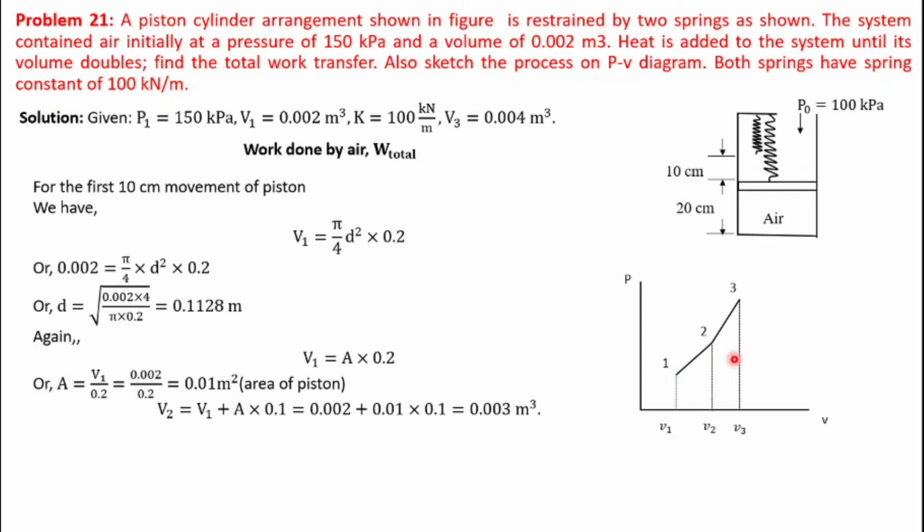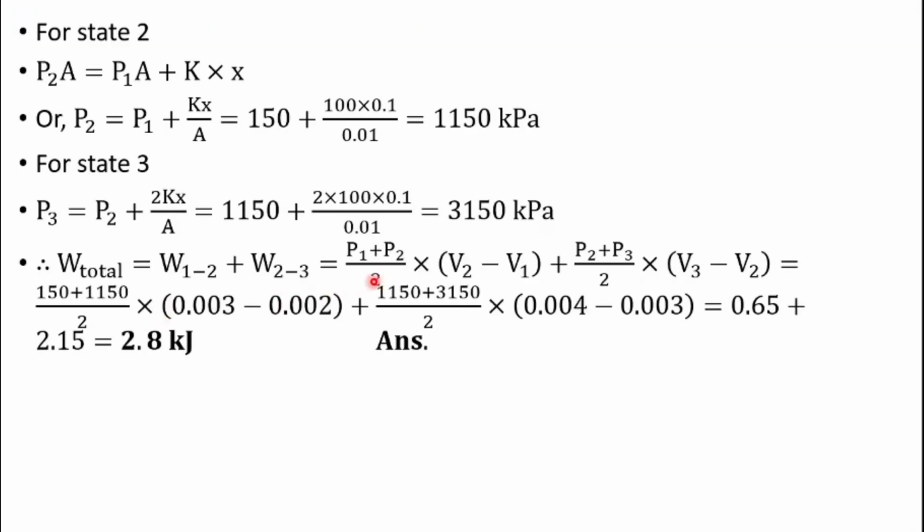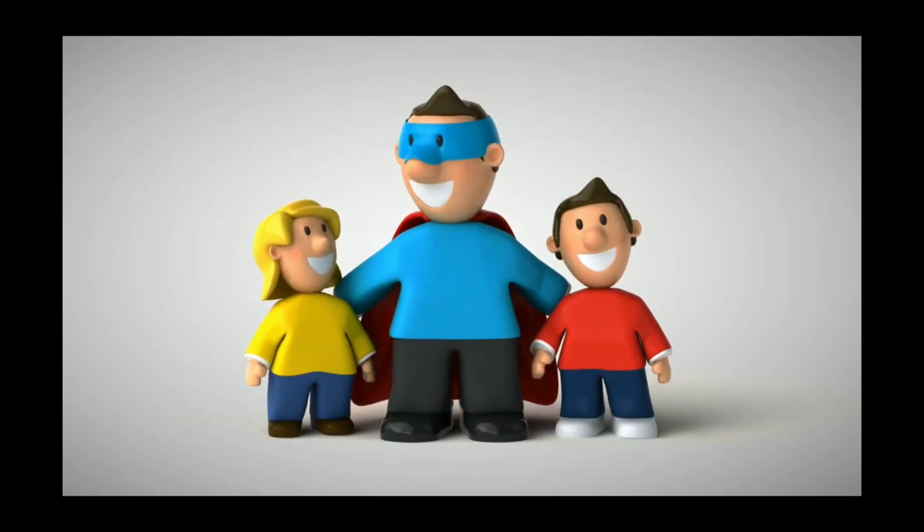And the work done during process 2 to 3 will be P2 plus P3 by 2, the average of the two parallel sides, into V3 minus V2. Like this we can calculate the work done: P1 plus P2 by 2 into V2 minus V1, plus P2 plus P3 by 2 into V3 minus V2. After putting in the values, the total work will be 2.8 kilojoule. Thank you.